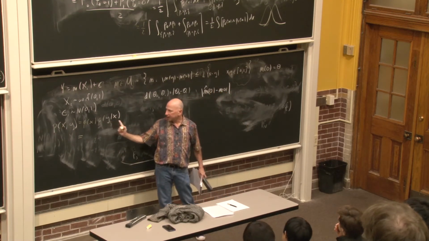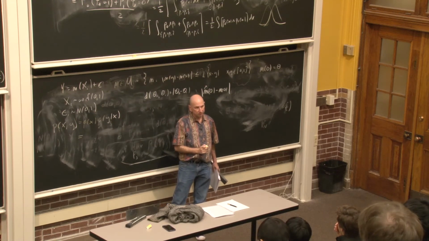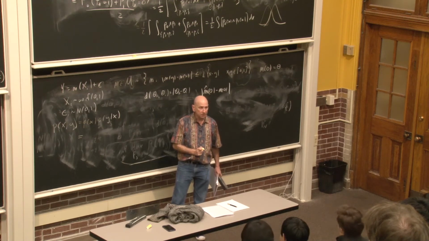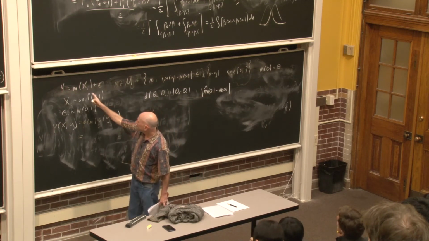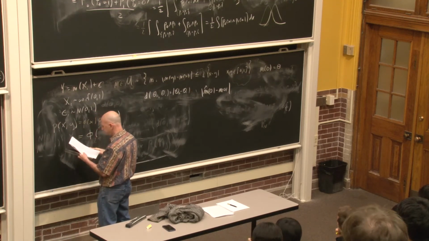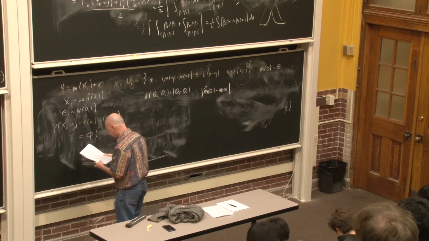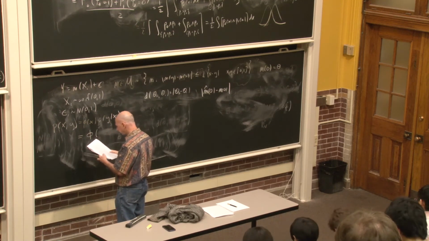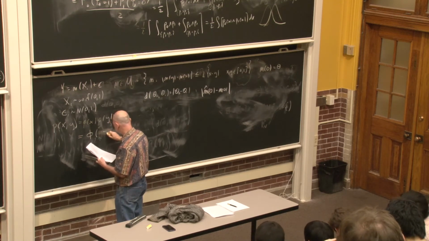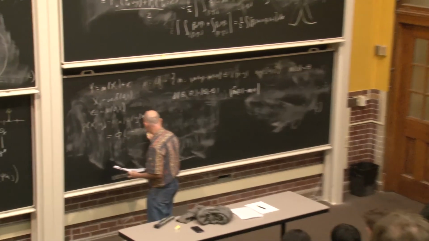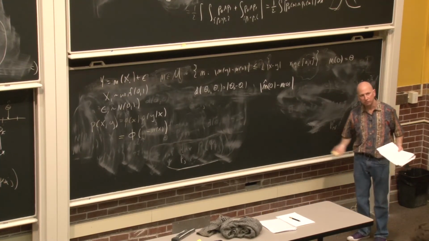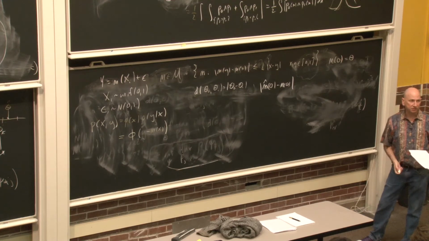And what is the distribution of y given x? Normal with mean m of x. This is actually a normal with mean m of x. I hope I said that somewhere here. I did, yes. The density looks like y minus m of x. It's just x is uniform, y given x is normal. And the mean is the regression function.